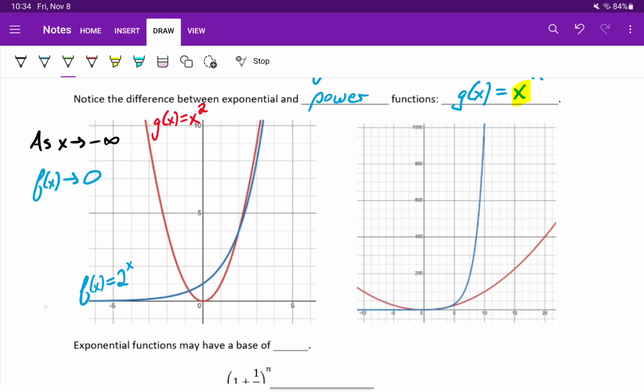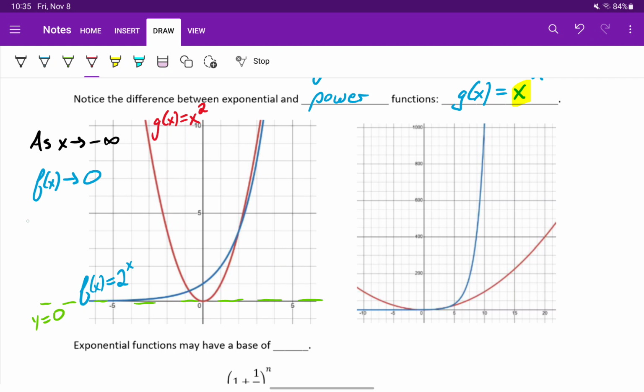And actually what we have here is a horizontal asymptote. So our exponential function, as x approaches negative infinity, will get closer and closer to the x-axis, so closer and closer to a function value of 0 without ever crossing over that line.